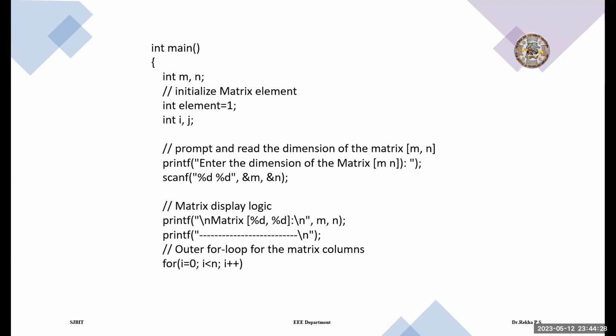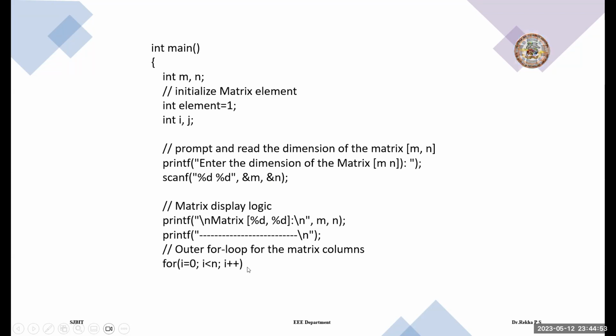Now, the matrix display logic. How do you display the matrix? This is how the printf prints the matrix within the dimension, that is m dimension, n dimension. Printf with a newline character, because it should be displayed in matrix form.